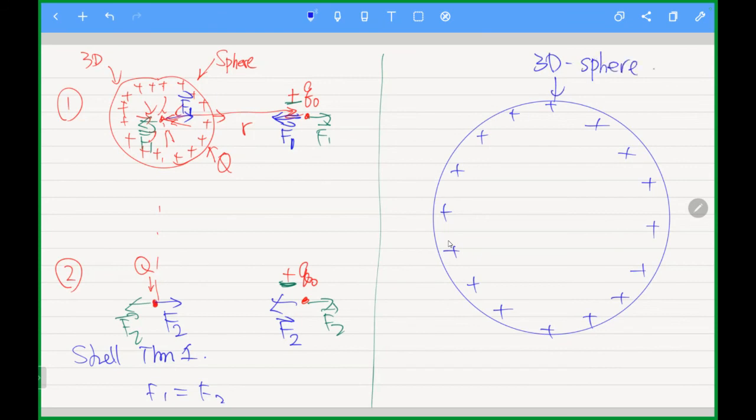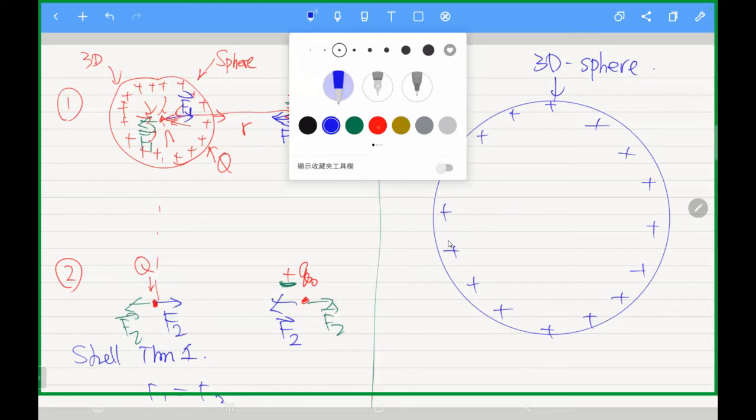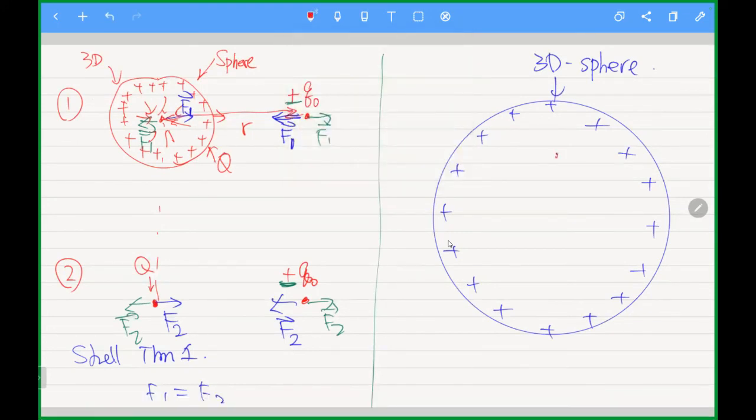And then if we try to put a charge inside the sphere, of course this one is outside the sphere, this one should be inside the sphere.